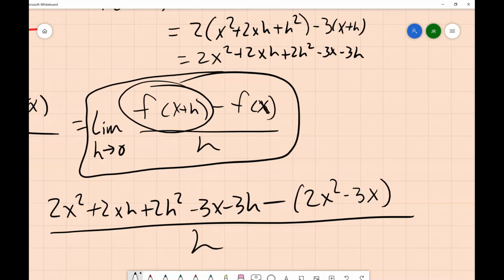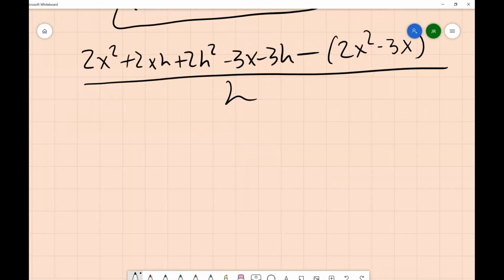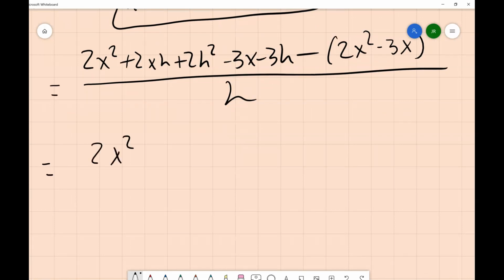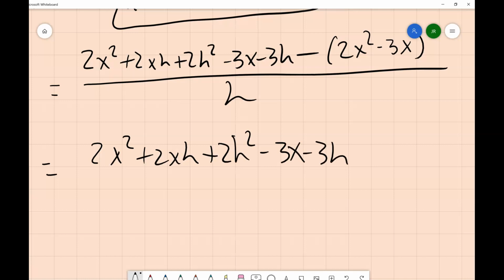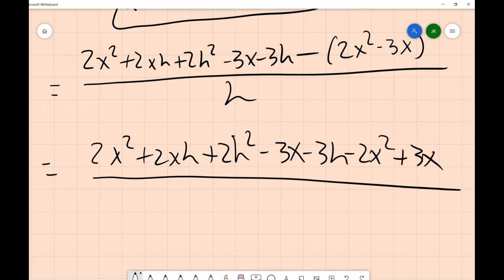Make sure I got it. Yep. Now distribute the negative and watch the magic happen, okay? 2x squared plus 2xh plus 2h squared minus 3x minus 3h minus 2x squared plus 3x all over h.